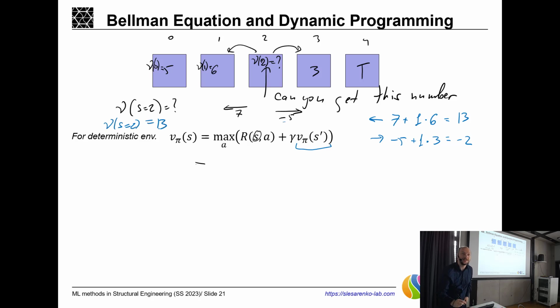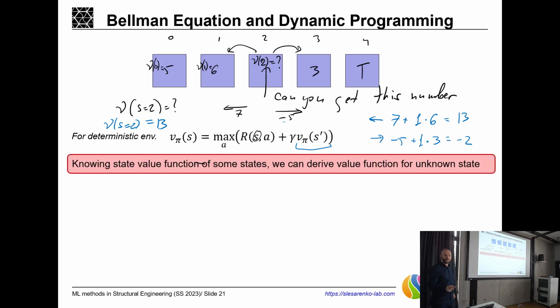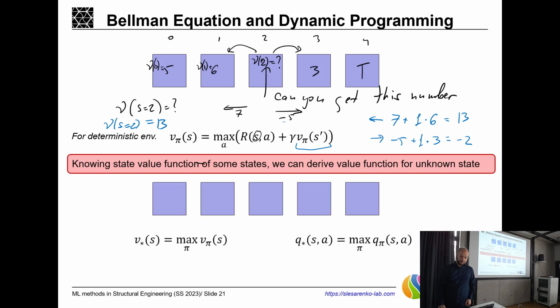It will be exactly 13. So knowing the values of the neighbors, we can calculate the value of each individual state. And this is a beauty. It's a mathematical beauty because it allows everything to work. Knowing the state value function of some states, we can derive the value function for an unknown state. And in this case, we can even say that, for the optimal policy, you remember pi star as the optimal policy, this is just another way to say it, I'm just not writing pi star here.